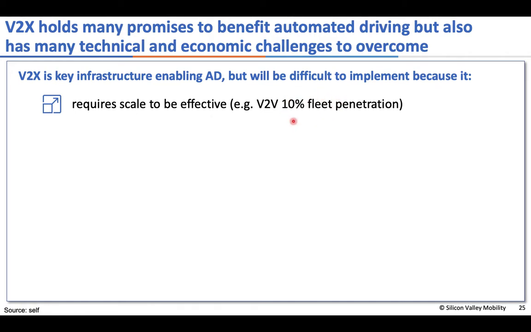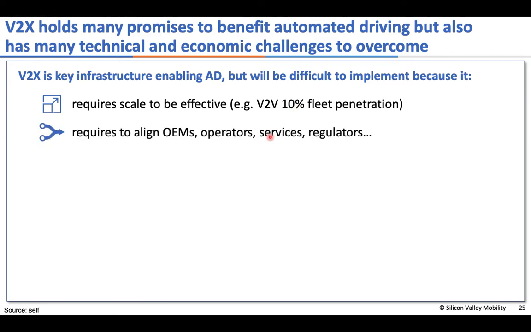That's just a general rule. If you want to have smartness in traffic, 10% penetration might be needed to cover it. But still, it requires all vehicle manufacturers, operators, and so on to work together. They all need to speak the same language, otherwise it doesn't work.